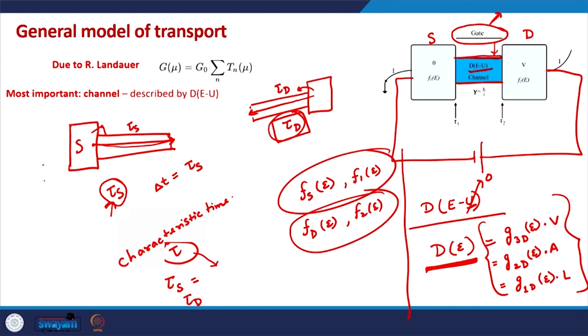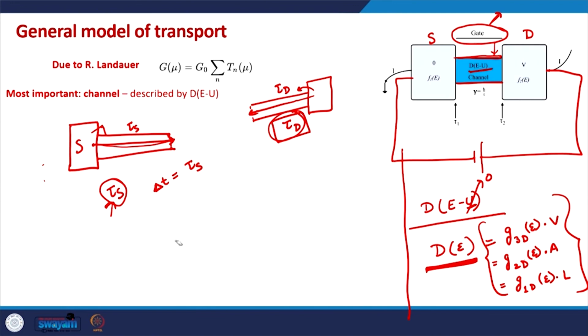We do not know where it is, it might be at any location, this is the wave function. The electron is a wave function, so we cannot say where it is until we measure it, and if we measure it, it can change the position as well. But what it implies is that because of the finite time in the channel, there would be an uncertainty in the energy of the electron, and that uncertainty in energy will be determined by Heisenberg's uncertainty principle.